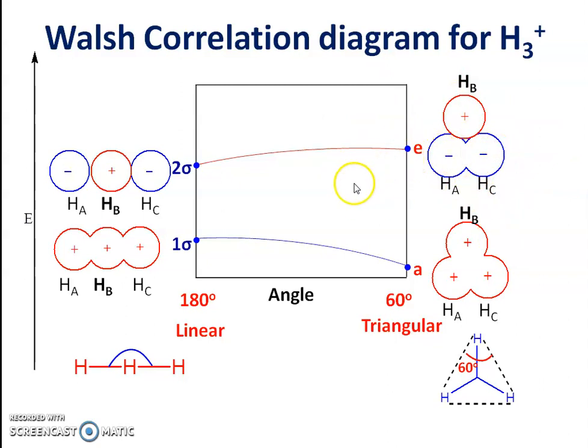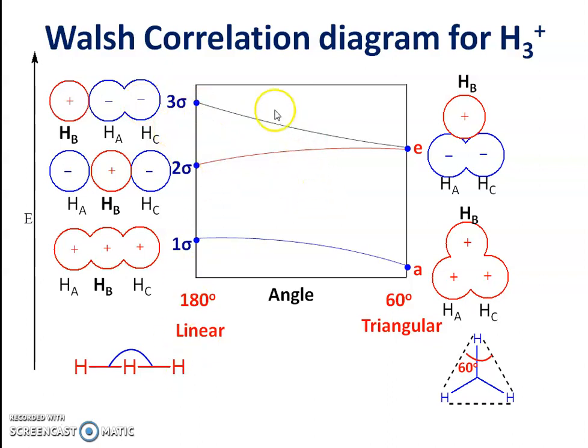There is a slight increase in energy, and the 2 sigma orbital becomes E. Now consider the energy of the 3 sigma orbital. The energy of 3 sigma, the anti-bonding molecular orbital, is highest. As soon as the linear molecule changes to triangular, the energy of the anti-bonding molecular orbital decreases and it becomes E.